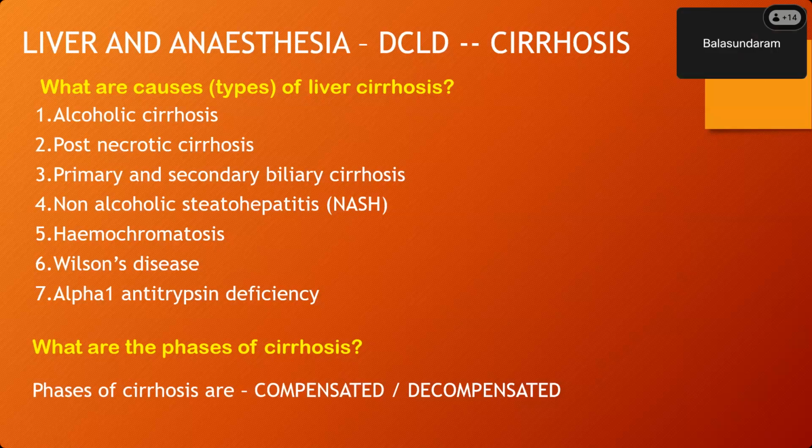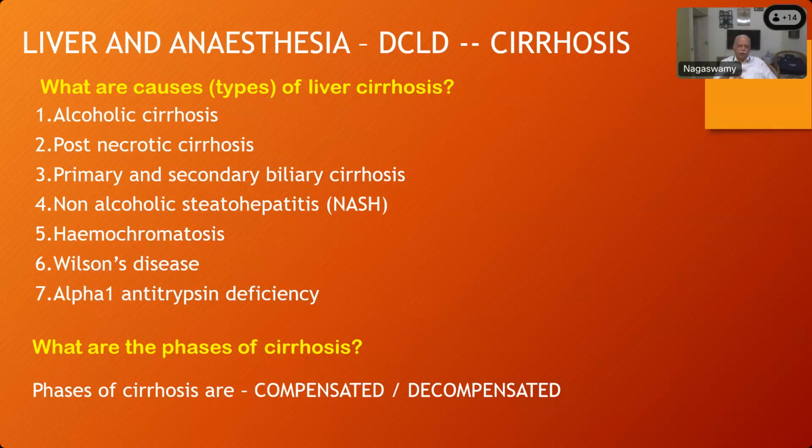But what stem cell produces the liver cells or hepatocytes? Then what is the opposite of pluripotent? Unipotent. So the liver regenerates because the stem cells which contribute to the regeneration of hepatocytes are unipotent in nature.